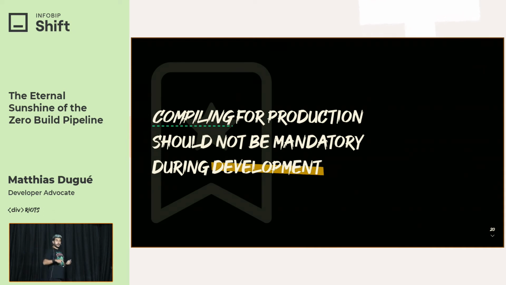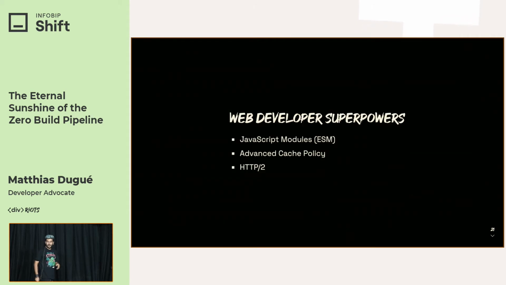So compiling for production, because this is what we are talking about. We are talking about compiling the content to push it into our end user's browser. But because we are compiling for production doesn't mean that we need to do it for the development process. These are two different things. And I don't want to compile everything when I do my bug tracking or my new feature implementation. I just want to develop it, and that's all.